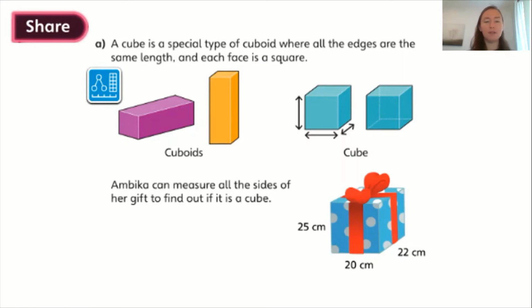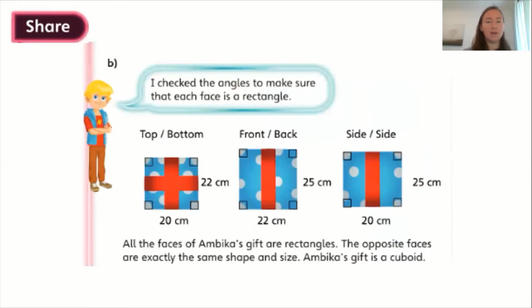So Ambika can measure all the sides of her gift to find out if it's a cube. And she has done here, as I said before, we've got 25 centimeters tall, 20 centimeters long, and 22 centimeters deep. If we look at each of those faces, they are not squares, they are actually slightly rectangular.